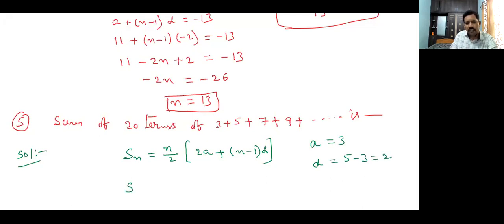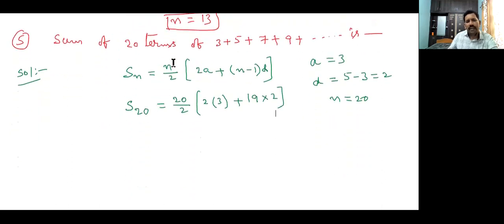Now they are asking the sum of 20 terms, S20. That means in place of n, take 20, substitute 20 by 2 into 2 into a, which is 3, plus n minus 1, 20 minus 1 is 19, into d, that is 2.